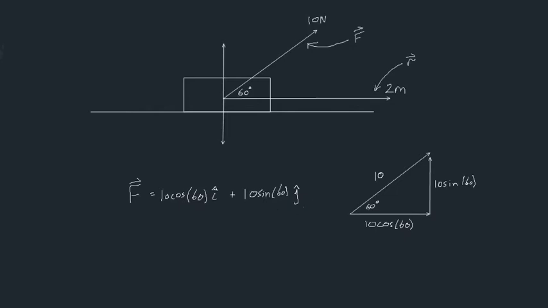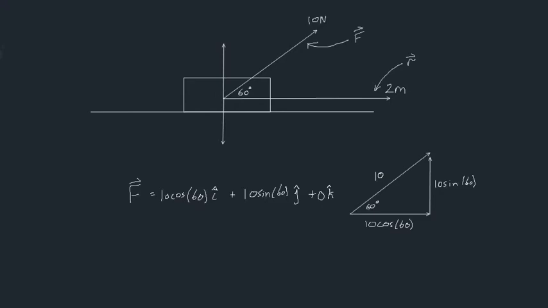All right, and I should also mention, because this is a three-dimensional universe, we've also got plus 0k. And the reason why there's a coefficient of 0 there is because this force has no component in the z direction at all. Remember, the z component is acting out of the page and into the page.